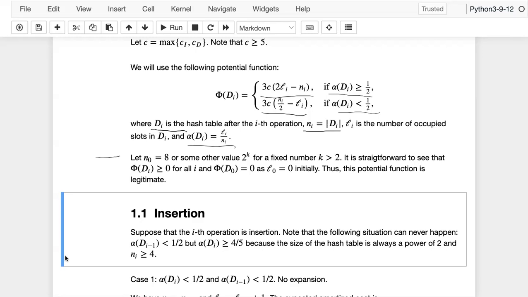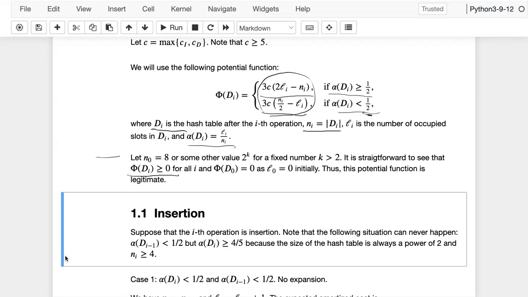Because we initially set the table size to be equal to 8, n sub 0 is equal to 8. And then it's straightforward to see that phi of D sub i is always greater than or equal to 0 for all i, because we are going to look at this depending on the load factor, so we can do a straightforward verification that this is going to be true.